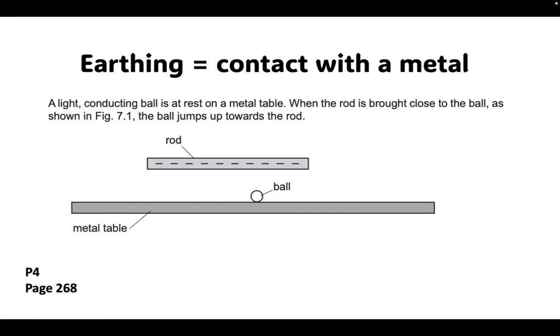So when the ball becomes neutral, it doesn't have to be touching the rod anymore, and it will be pulled down by gravity or by its weight. Again, when the ball touches the rod, it gains negative charges from the rod, so it becomes neutral, and then it falls because of gravity or because of its weight.